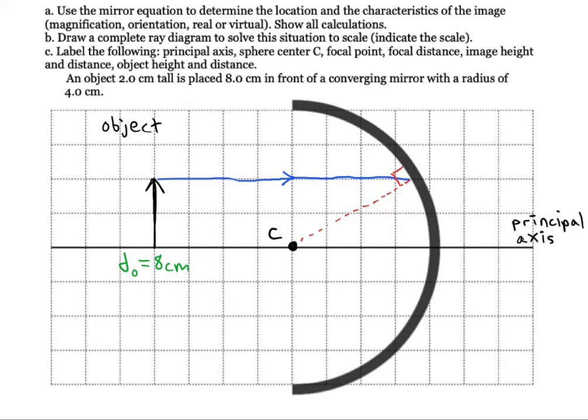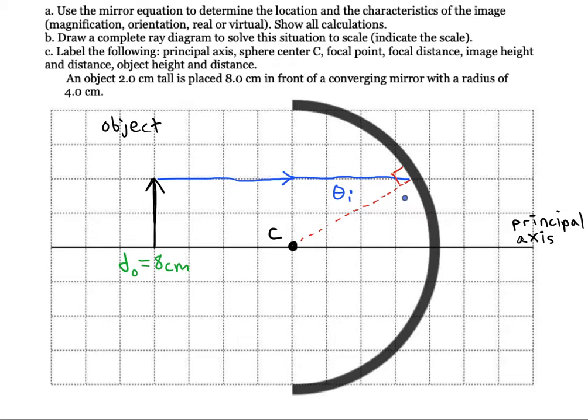But since it's a mirror, we're dealing with reflection. The ray is not going to be reflected such that it comes out with a 90-degree angle from that mirror surface. That wouldn't happen. We said before that the angle of incidence would equal the angle of reflection whenever we're bouncing a ray off a mirror.